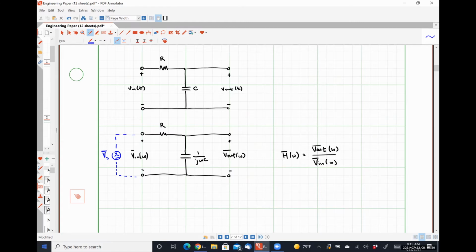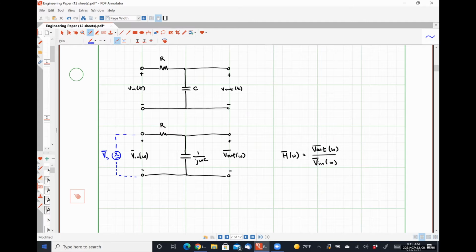What kind of circuit is this? Well, it's an AC circuit, but a specific type. If I had a DC source and then two resistors, and I was trying to get the voltage drop over one of those resistors, I would consider this a voltage divider circuit. And that's exactly what this is. It's a voltage divider circuit whose output depends on the frequency of excitation because the impedance of the capacitor depends on the frequency of excitation.